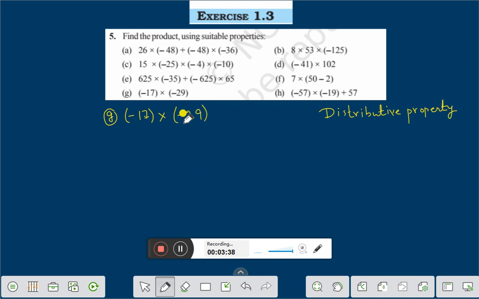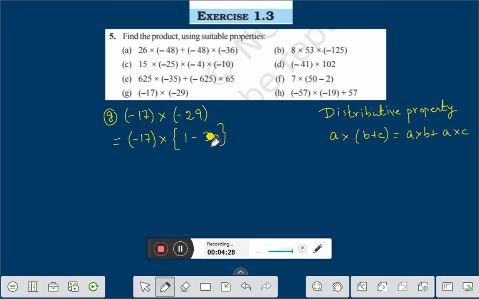Here you see this is minus 29. Therefore, it can be written using the distributive property A into B plus C is equal to A into B plus A into C. We can write it as minus 17 into minus 29, and minus 29 can be written as 1 minus 30.